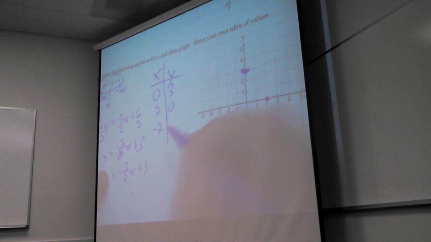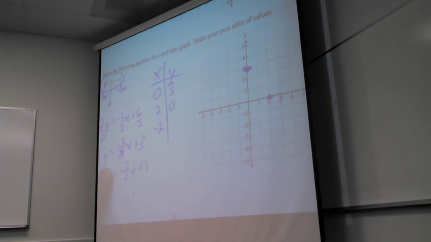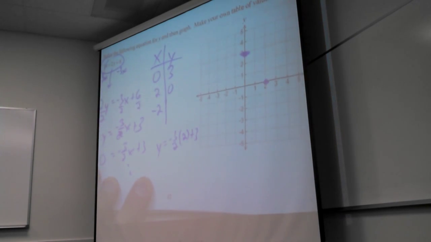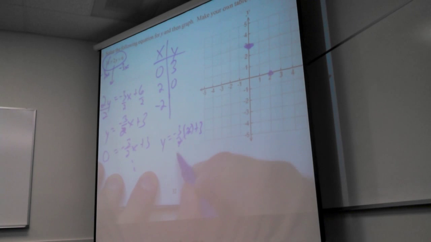Sure, -2. Even kind of numbers, right? Something divisible by 2. So when I plug a -2 in for x, let me do it real quick. -3/2 times -2 plus 3. Those go away. What am I doing? -3 times -1 is 3, plus 3 is 6.